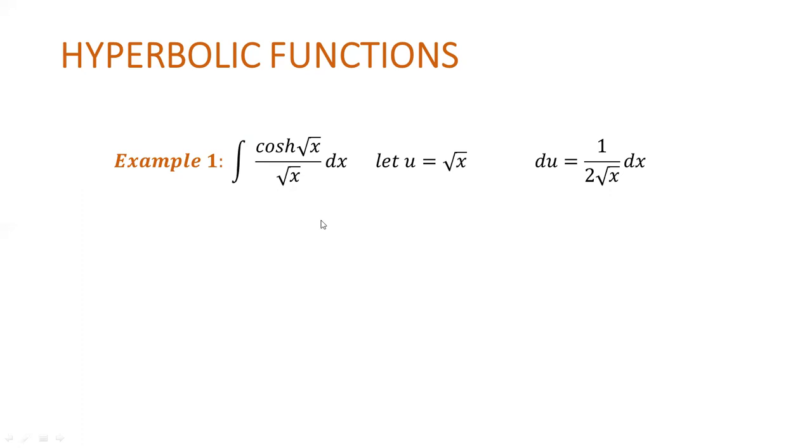So I will go back to saying that in this particular integral, you will be processing the integral of the hyperbolic cosine. And the u for such a function is square root of x, and there's a need for us to differentiate it, which will yield 1/2 square root of x dx. So in this expression, the dx over the square root of x is already this particular derivative, only that you lack the 1/2.